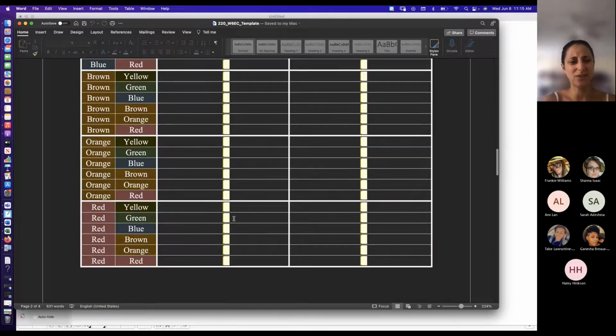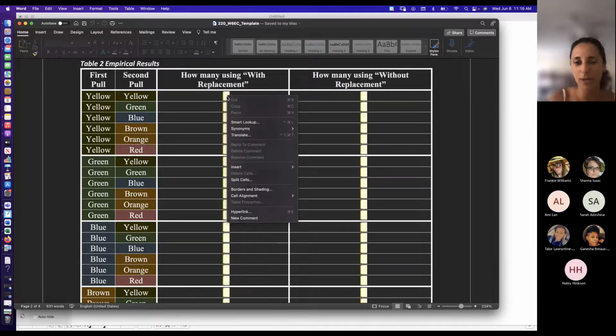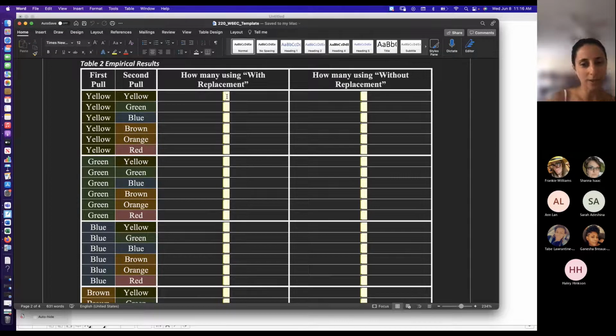I'd go to the bag and pick one, look at it, pick the other, look at it. If it's a yellow and a yellow, I'll put Y and Y for my first one. And for my second one, I'll have a little paper on the side to write my outcomes. Then I'll go in here and say, okay, I had a yellow and a yellow back to back when I did with replacement twice. So this is 2. That's kind of how this table is done.